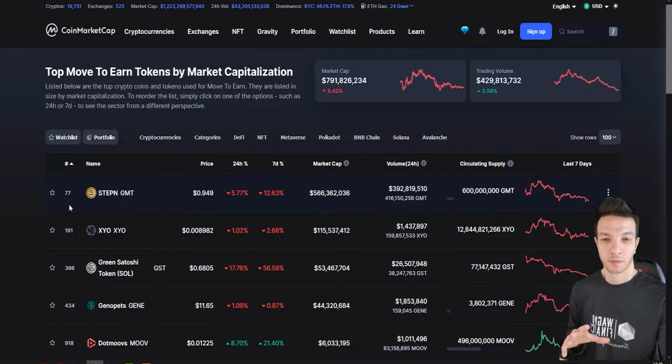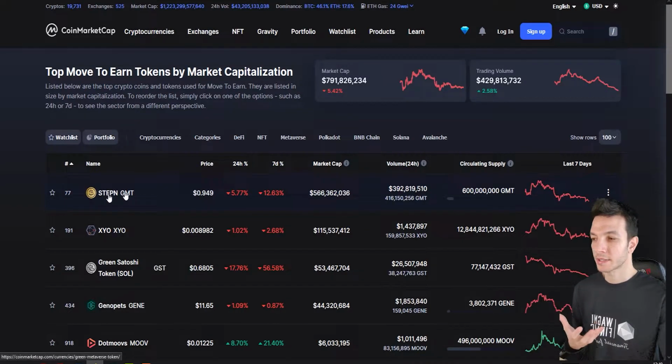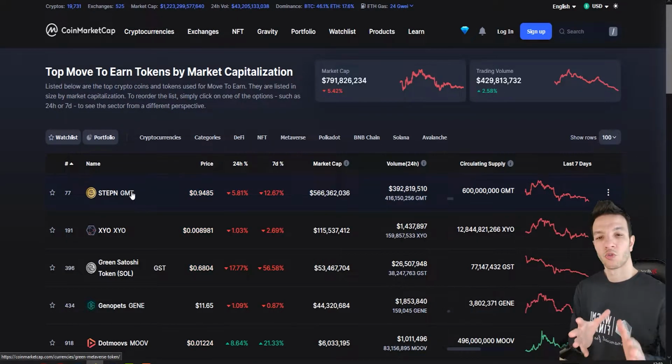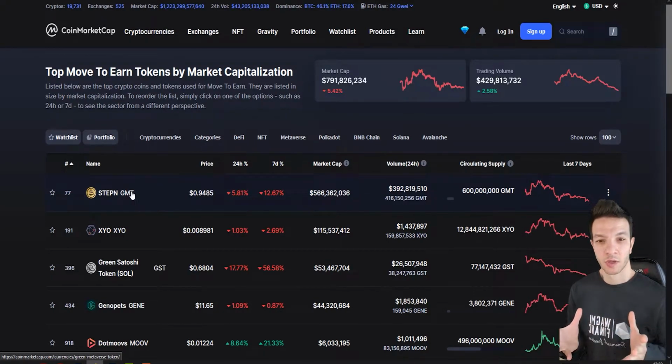Something important to mention is that new ideas come all the time. For example, in the move to earn category, this project, Step In, is just 2-3 months old. You have to know that the first project with a unique idea can have big value in the market.